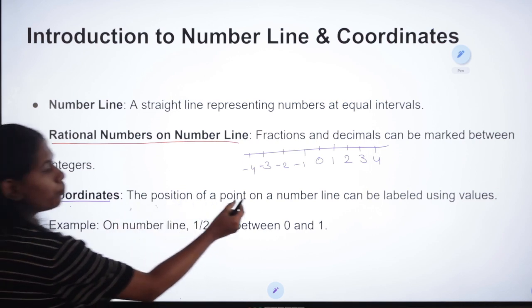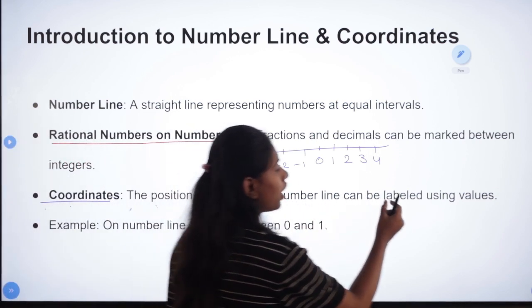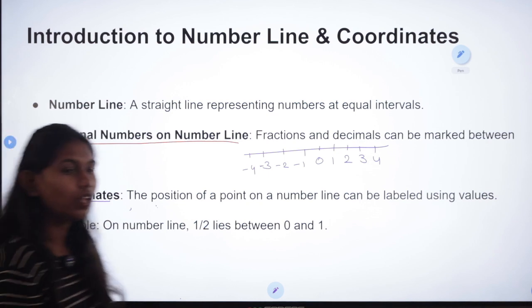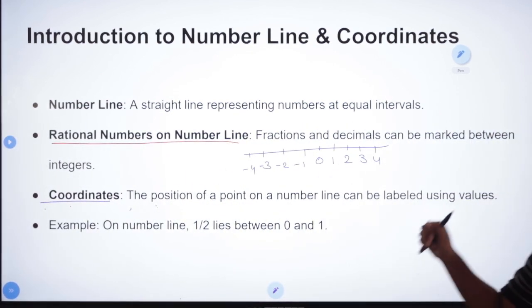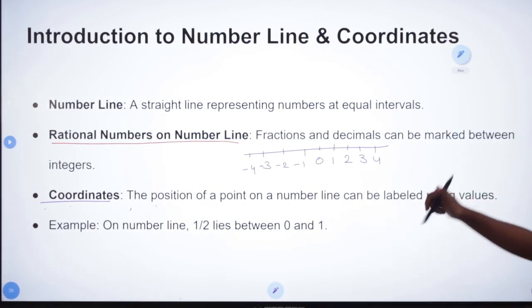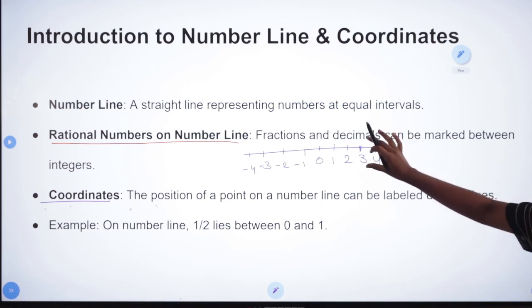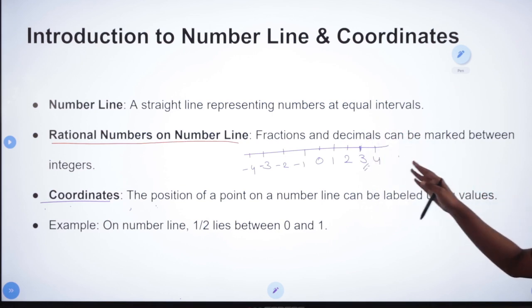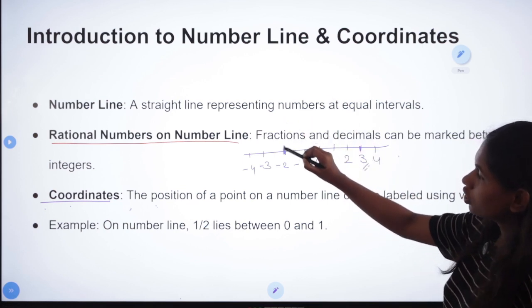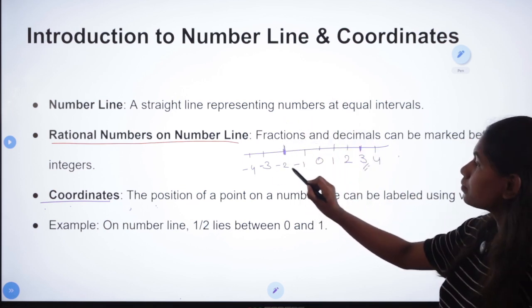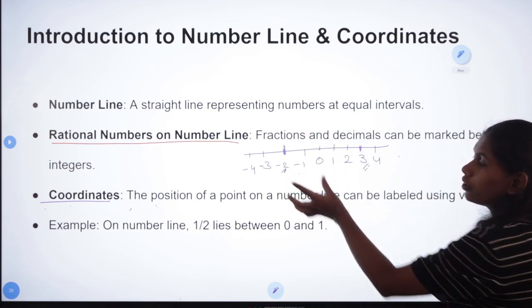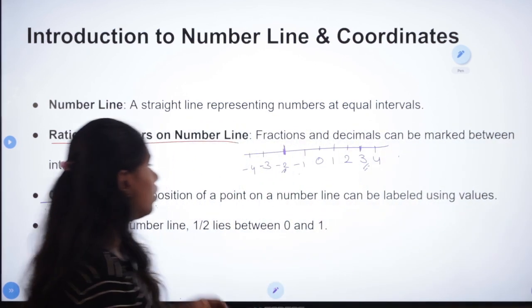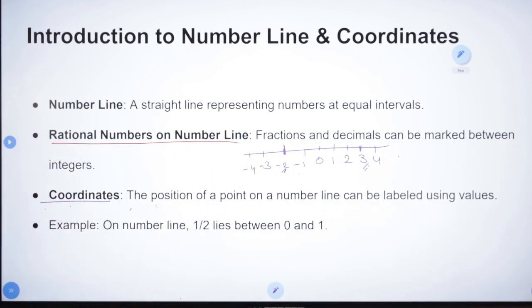The position of a point on a number line that can be labeled using values. Here, this position is labeled as 3. This is one coordinate. Again, this position is labeled as -2. So this is again one coordinate, and the same for all the numbers on the number line.